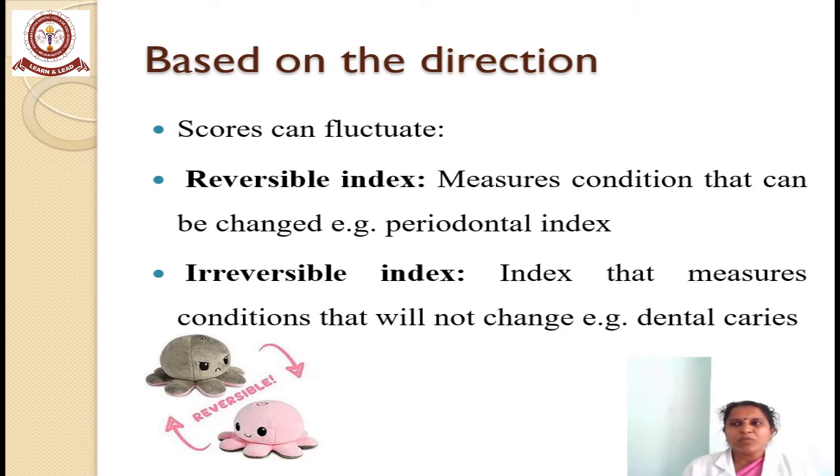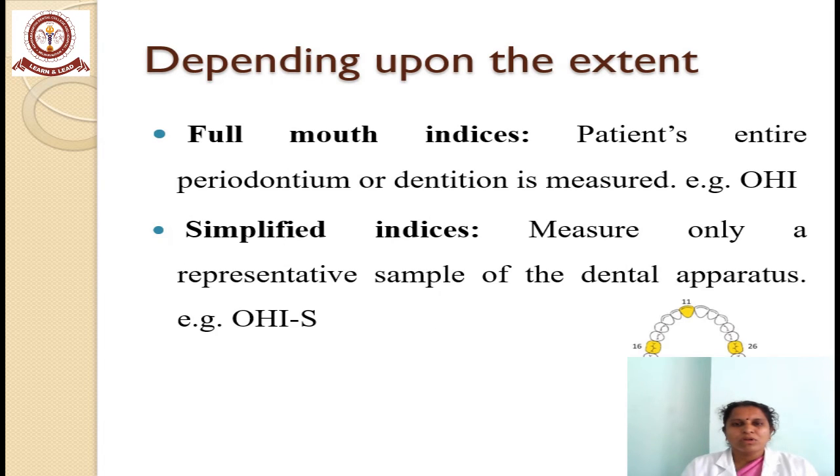So if the patient is having caries in 3/6, the DMFT is 1. And if that patient goes for treatment and a filling has been done in 3/6, then the DMFT score will again be 1, because decayed will become 0, filled will become 1 and missing will be 0. So adding all the 3 components, it is again 1. So we cannot revert back the score.